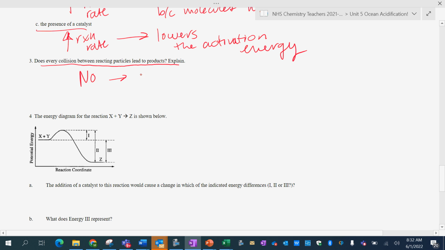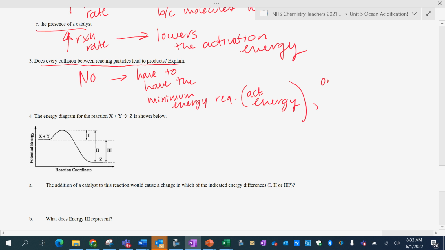No. They have to have the minimum energy required, at least. In other words, enough energy to break the bonds of the reactants, the activation energy, and they also have to be oriented in 3D properly when they collide.